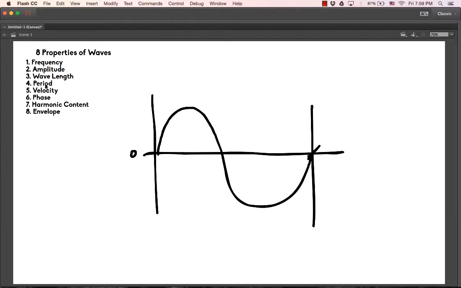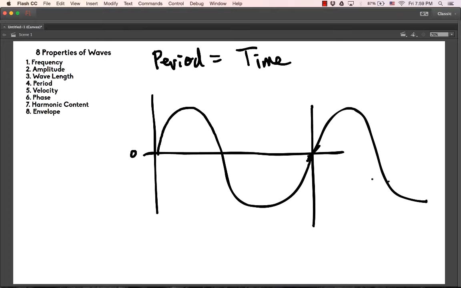Okay, period. This is basically the same thing as time. Okay, so time, this is how long it takes for a complete wave to pass.